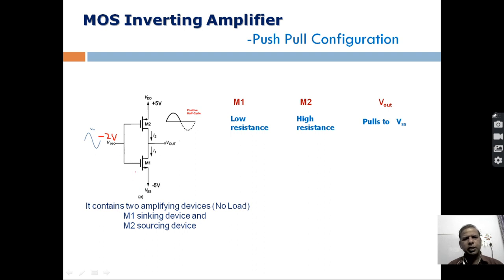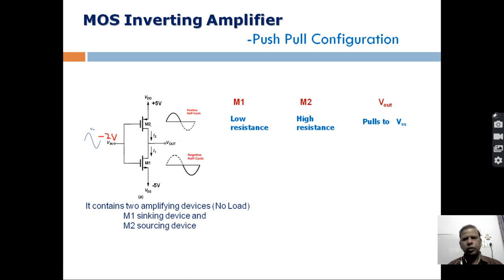So this device is conducting definitely, but if we see this situation, here the potential difference is about 7 volt, and the input terminal is 7 volt less as compared to VDD. So the gate source voltage is very high in case of this PMOS, so it will offer a very low resistance path as compared to M1. So M1 will offer high resistance as compared to M2.